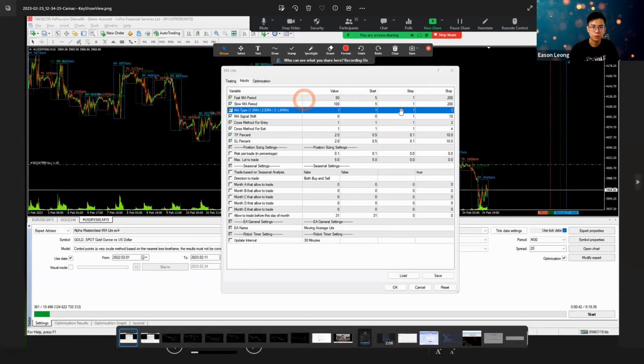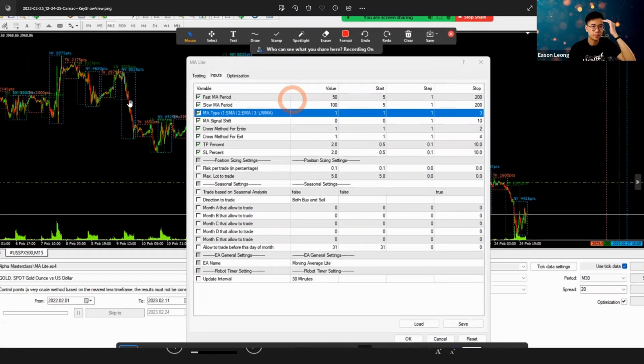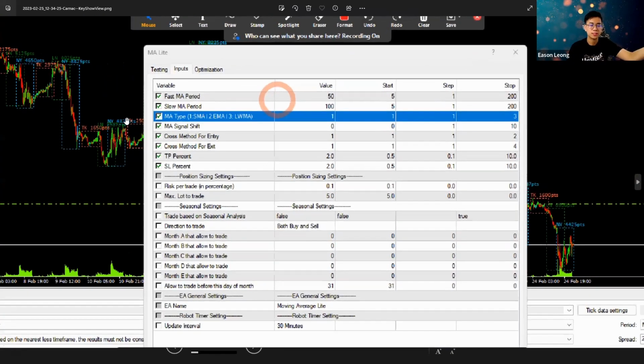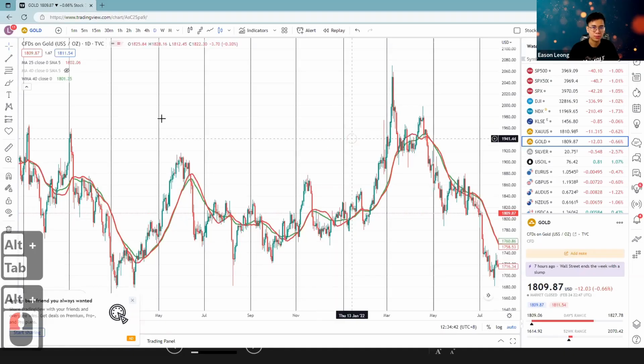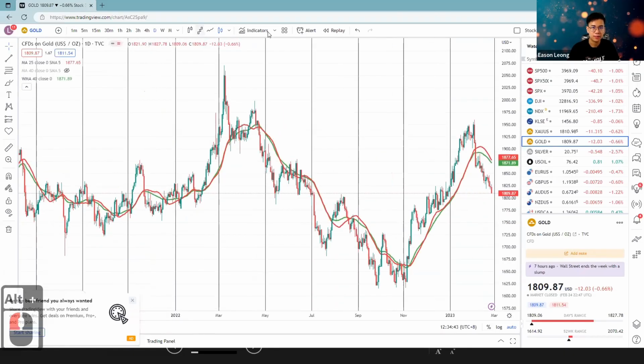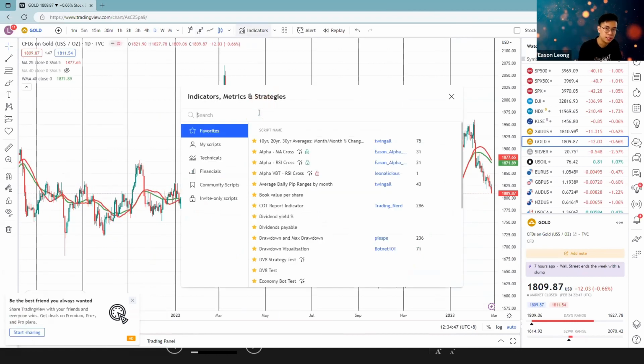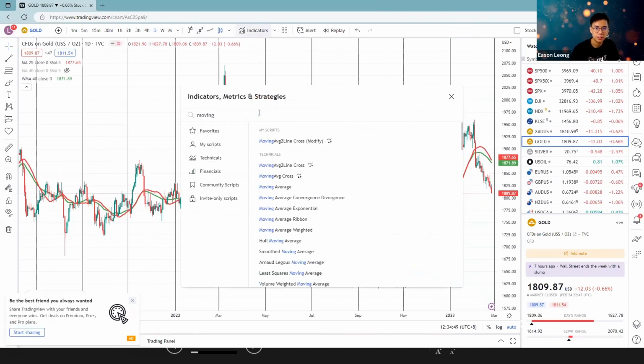Okay. So over here, you know the fast moving average, the slow moving average, and the moving average type. Right now it's the signal shift. This is important. You can just go to Google search, indicator there, search for moving average line cross, this one.